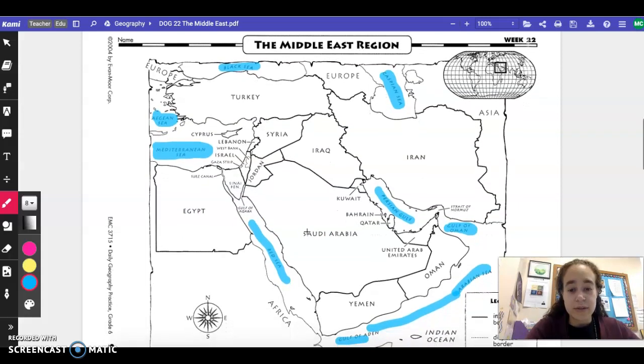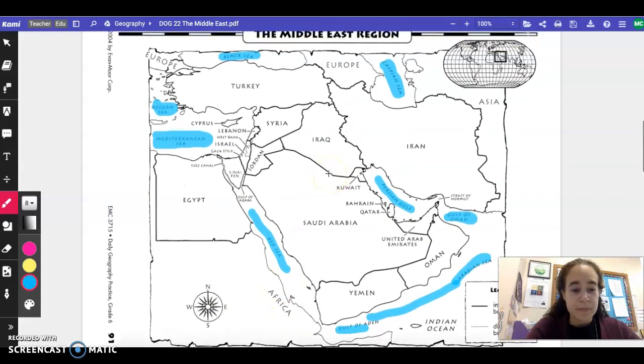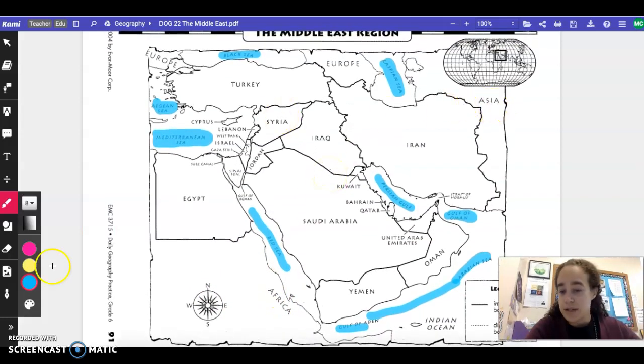It also tells you that this area is going to be the rest of Africa. Asia is in this direction. Let me mark some of those. Asia is in this direction. We've got Africa over here. And Europe is up here.